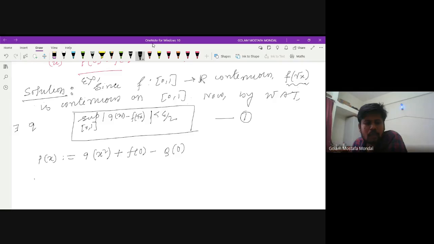See that p of 0 equal to f of 0, and p dash 0 equal to 0.